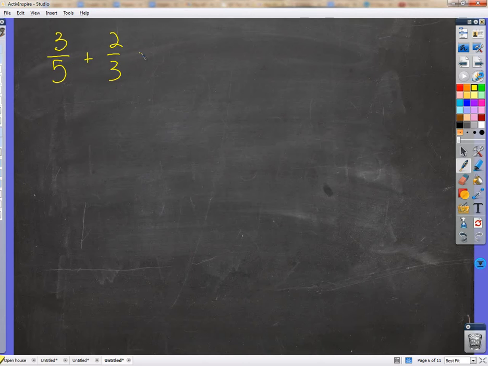If I were to add these together, and if I weren't slowing down and thinking about it too hard, I might say that I have 5 of something. 5 what? Maybe that's a common mistake that happens. People add the numerators and the denominators.